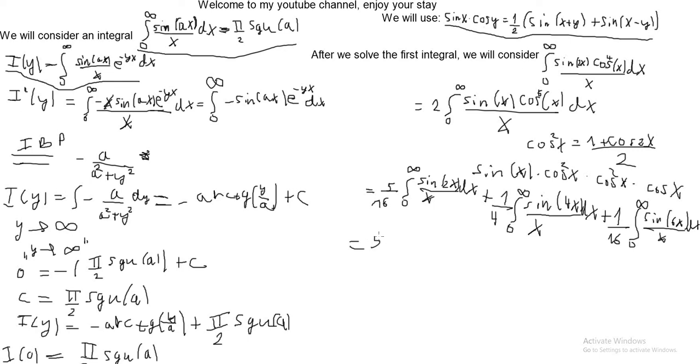So we will have 5 over 16 times pi over 2, plus 1 over 4 times pi over 2, plus 1 over 16 times pi over 2. When you sum it all up, you should get 5 pi over 16. And that was the goal for this video.